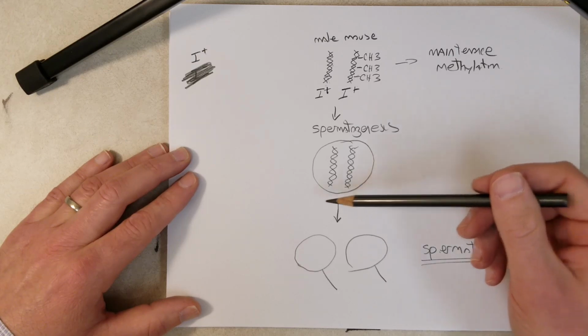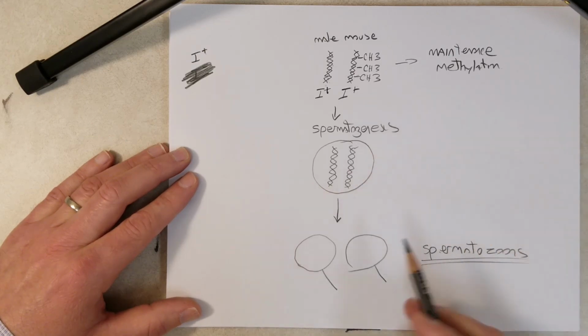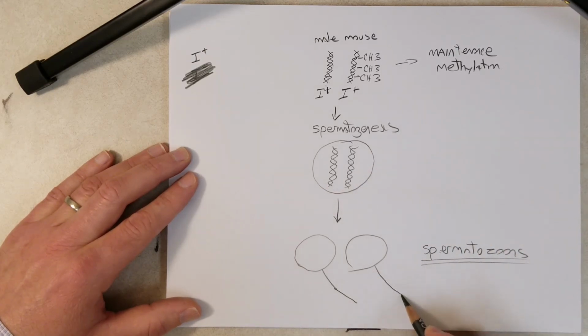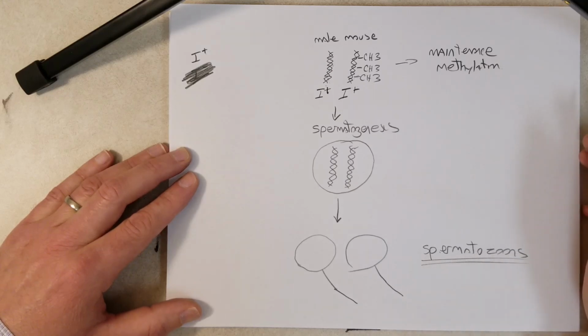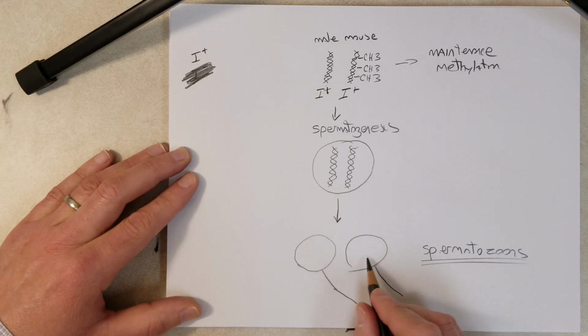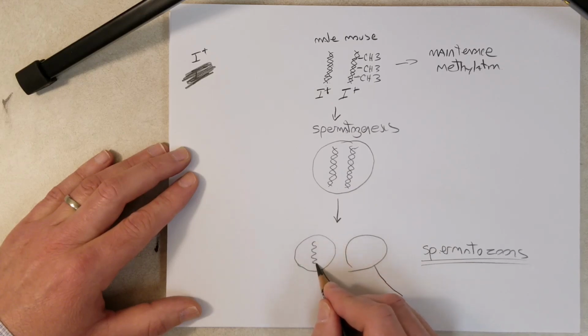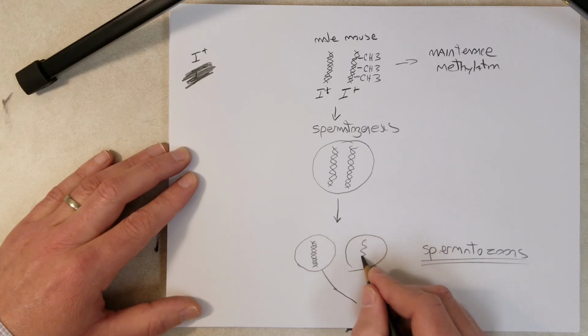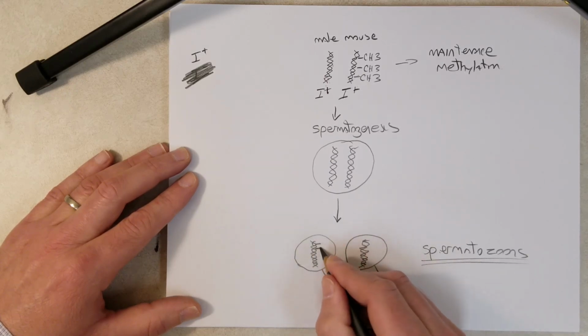I'm really only interested in the 4 products, the spermatids. Each of those is going to get 1 I plus allele, and both of those will be methylated.